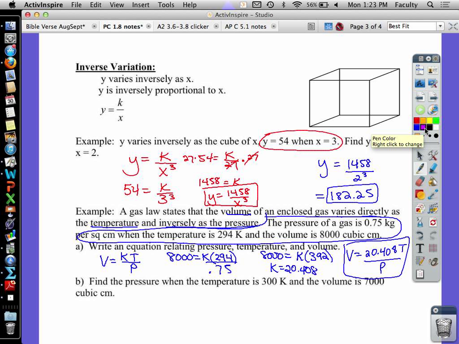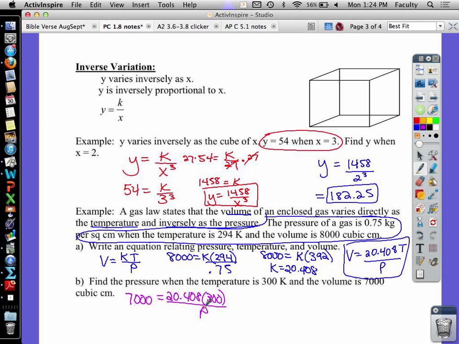Then part B says find the pressure when the temperature is 300 kelvins and the volume is 700 cubic centimeters. You don't automatically plug numbers in the right side. It depends on what information they're giving you. So I'm actually looking for P, and P is in the denominator.